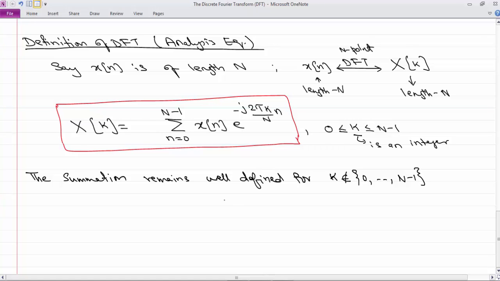So what happens if you calculate the values of k which are beyond 0 to N minus 1?